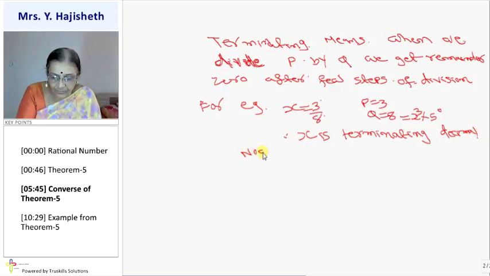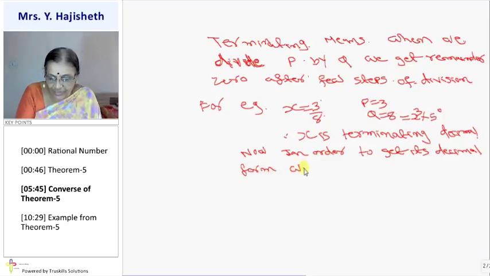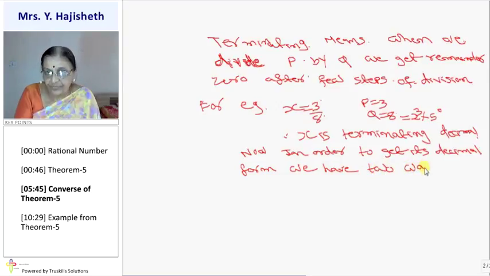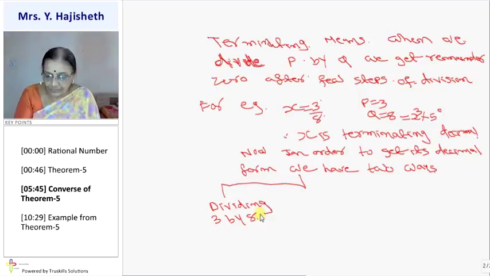Okay. Now, in order to get its decimal form, its decimal expansion, we have two ways. First way, actually, you divide 3 by 8. That way also I can get the decimal form of this rational number.